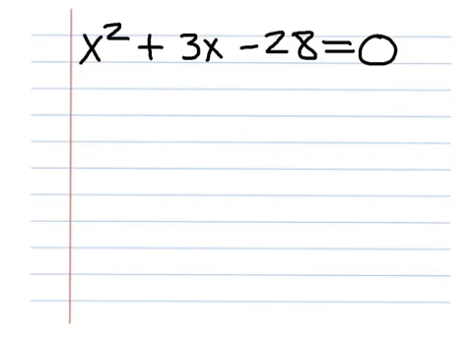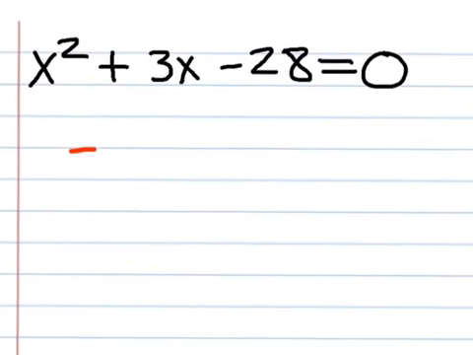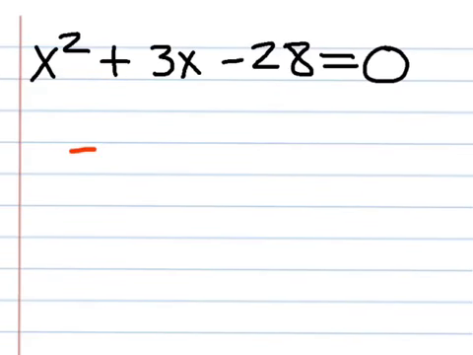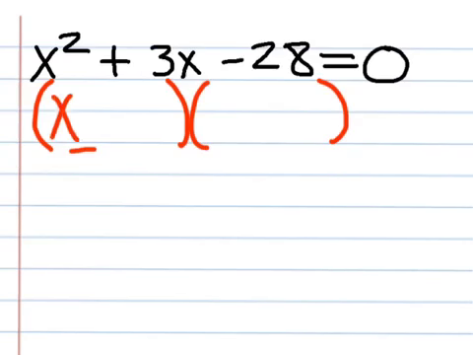Alright, example number 2. Okay, we have x squared plus 3x minus 28 equals 0. First thing we want to do is go ahead and set up our factors. Our factors are going to start with x. We're going to be adding or subtracting two numbers, and that's what we're trying to find, these two numbers.